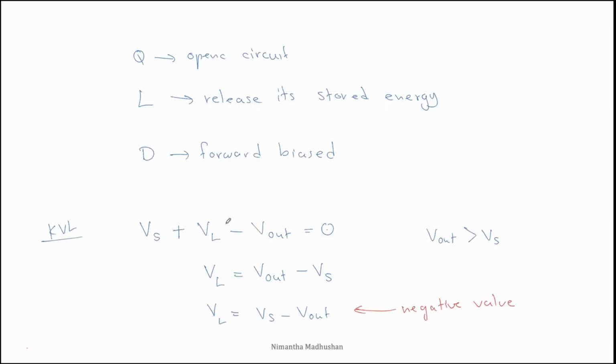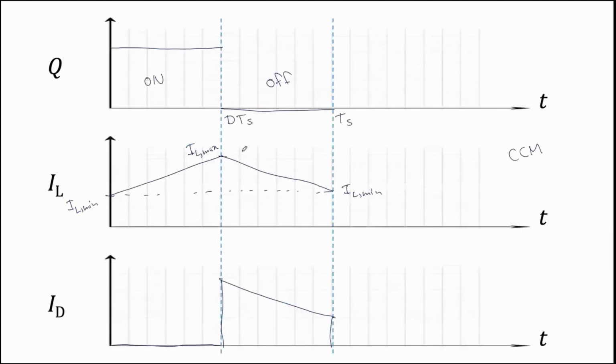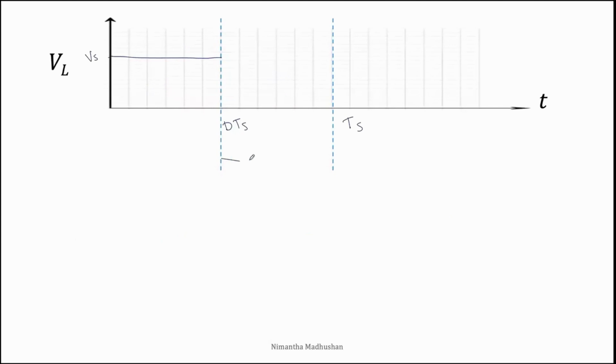And during turn off time, we can draw either this first condition or second condition. Now I draw the second condition, Vs minus Vout. It will be a negative value, so I will draw it at the negative point.